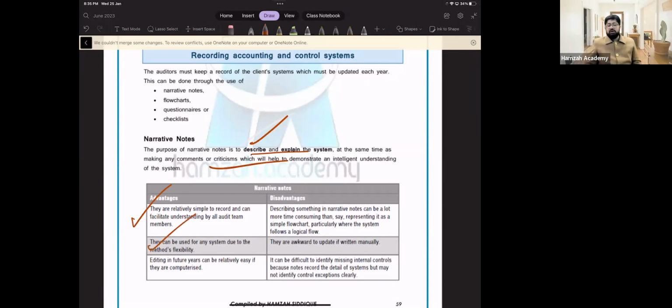And if you type these narrative notes, typed content can be edited easily. Describing in narrative notes is time consuming as compared to charting. When you chart, flow charts, if written manually, they are awkward to update.